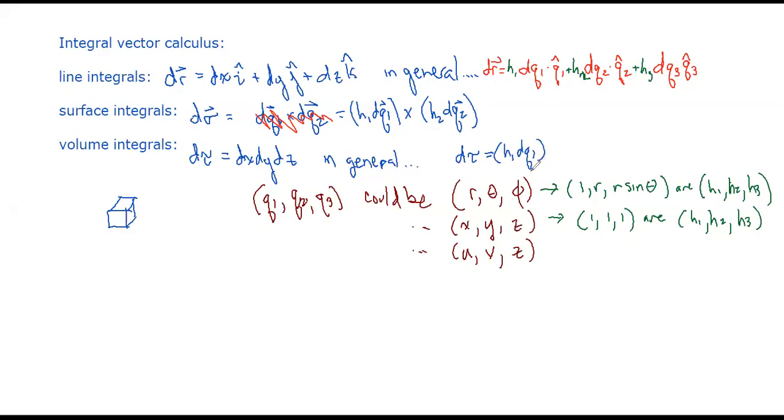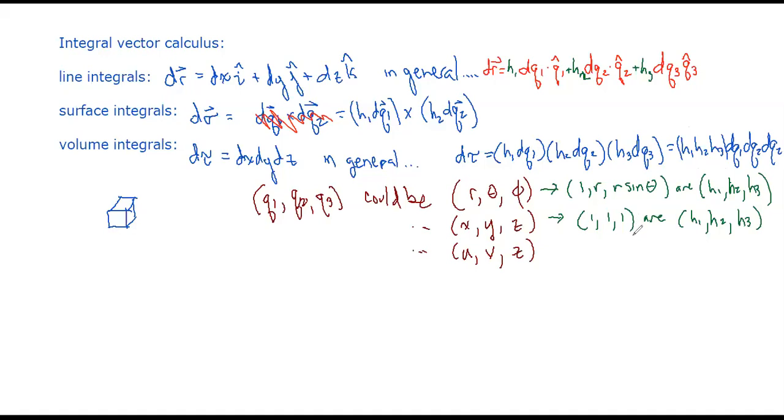The scale factor is the thing that turns this into an actual distance. So dq1 might be an angle, so I need to multiply by r sine theta, or something even weirder than sine theta. It's the scale factor that gives these things actual meaningful units. So in a general coordinate system, not just plain old ordinary Cartesian, I got to do this. And you can put them out front. I think that's what Arfken and Weber tends to do after getting bored with this.